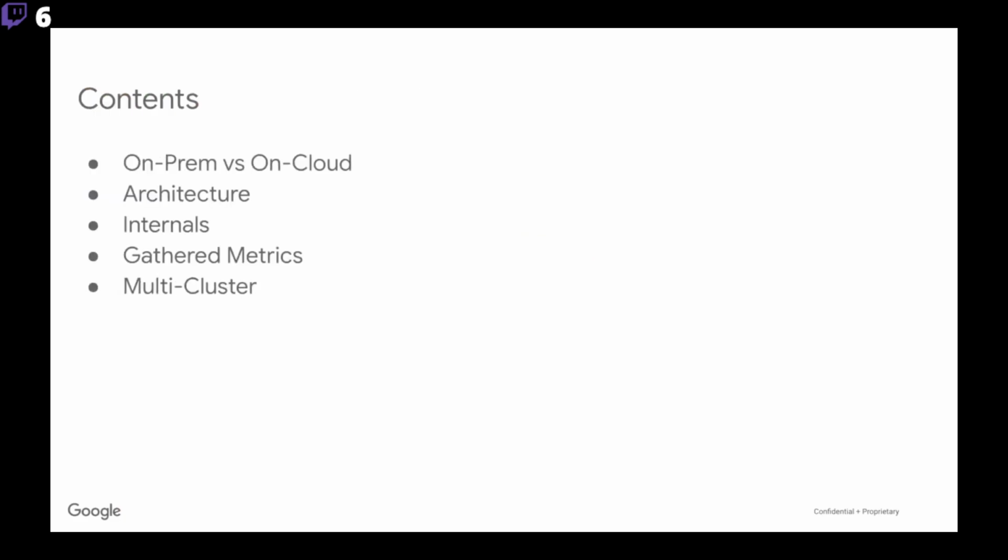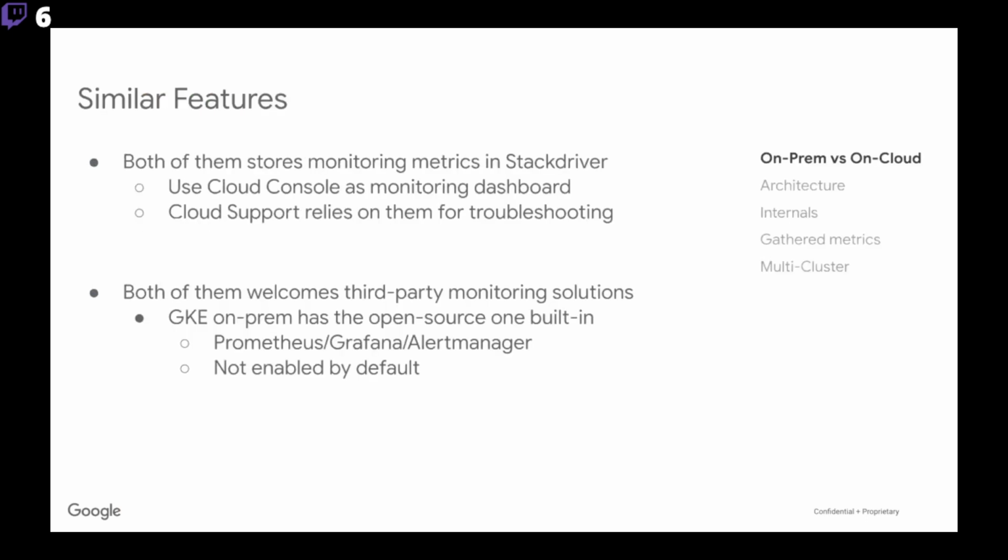Right, so the talk will be covering these 5 points, and we'll go through them quickly. A bit of a comparison between on-cloud and on-prem, specifically for the monitoring features: both of them support Stackdriver monitoring. Both can use the cloud console to look at dashboards, and cloud support will use the metrics you exported into Stackdriver to help you troubleshoot things.